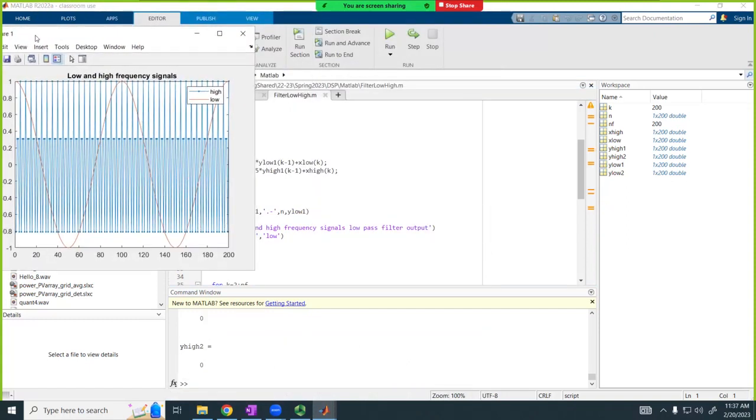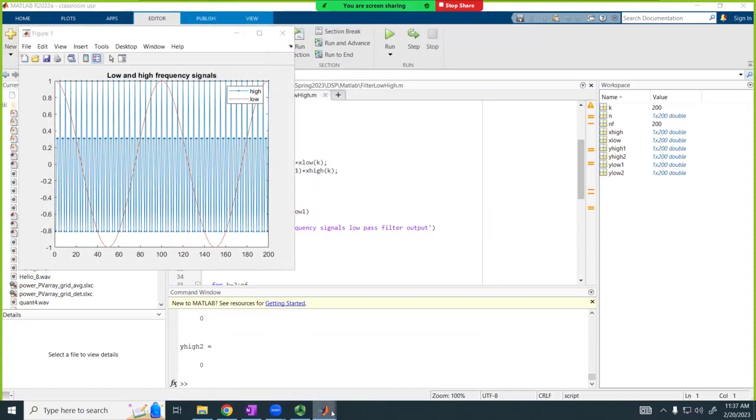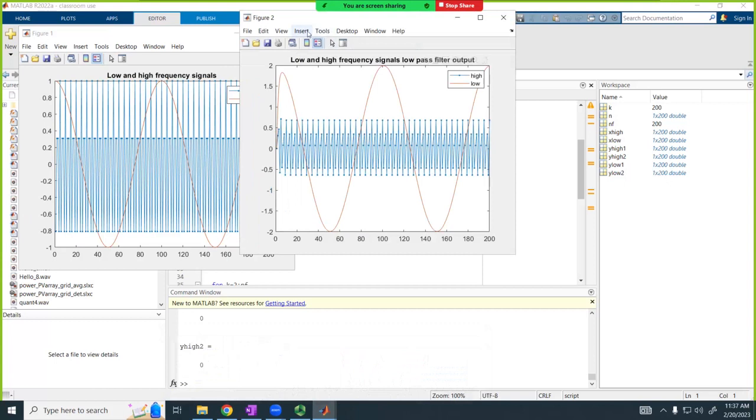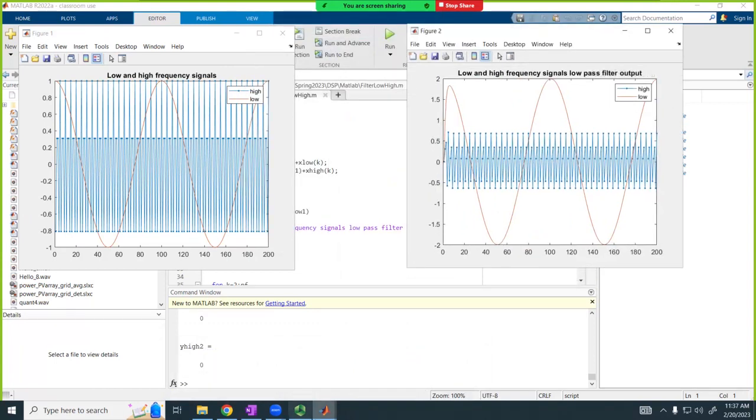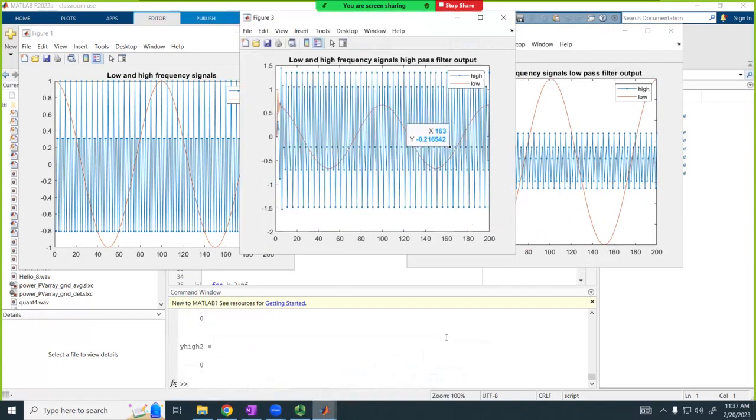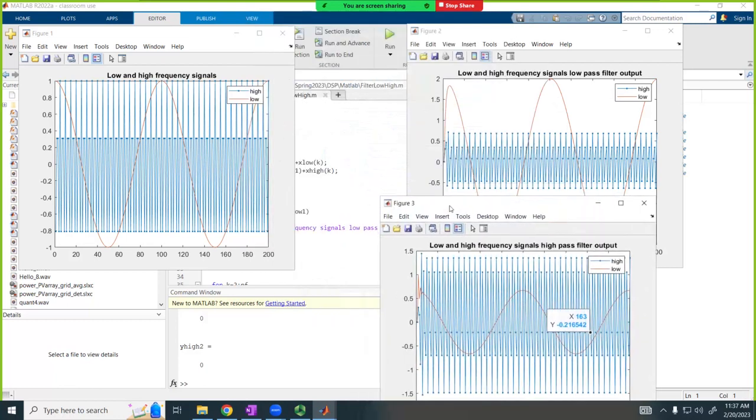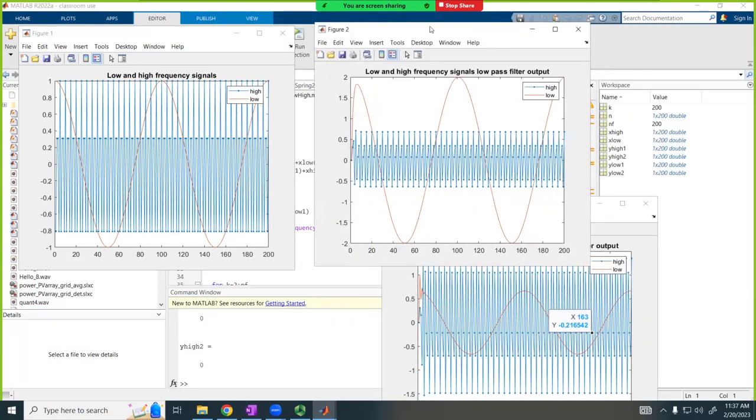Okay, so if you look at the input, look at the output, and look at the third output. If you look at this filter, the high frequency is attenuated, the low frequency is amplified: low pass filter.